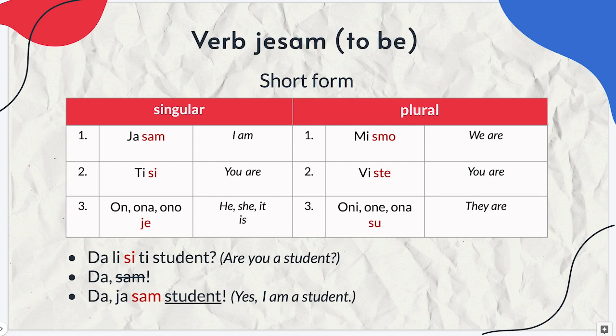Now, personal pronouns are combined with the verb to be. Here's an example. The verb to be is how to say I am, you are, he is, and similar. So ja sam, ti si, on je, mi smo, vi ste, oni su. You may notice that I pronounce it as if it was one word, and that's the way you should actually do it, because this sam is a word without an accent.